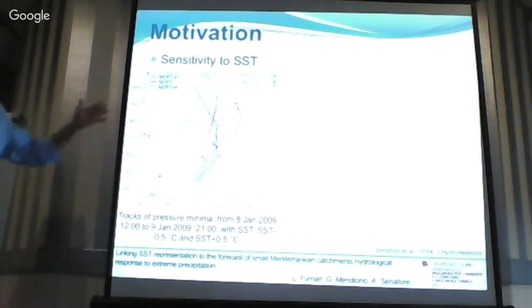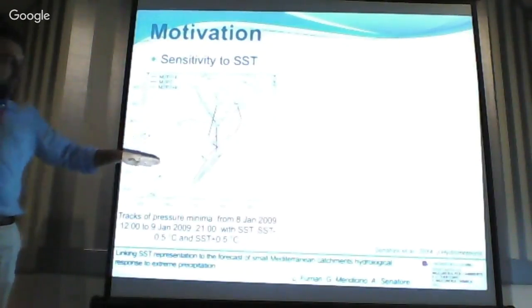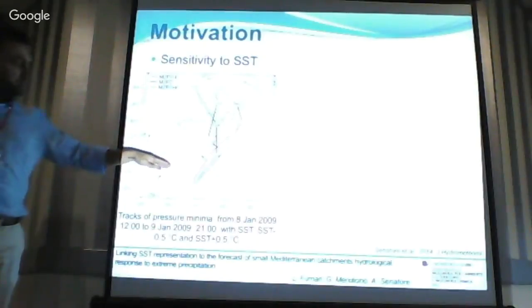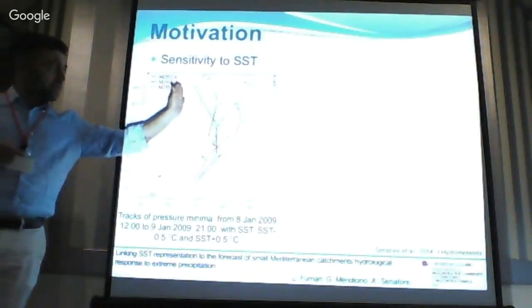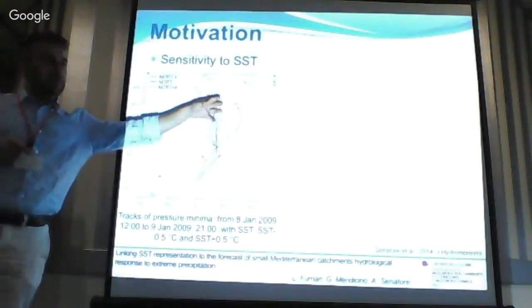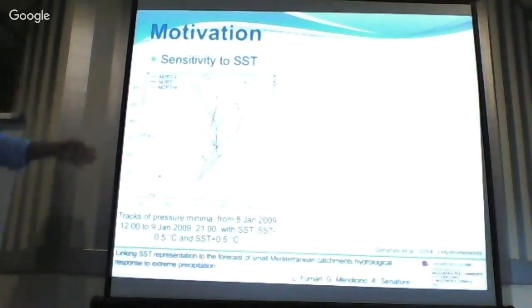For example, if we increase or decrease SST by half a degree, the pressure minima tracks can go westward or northward with respect to this region.